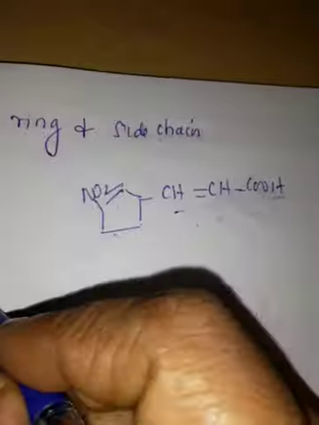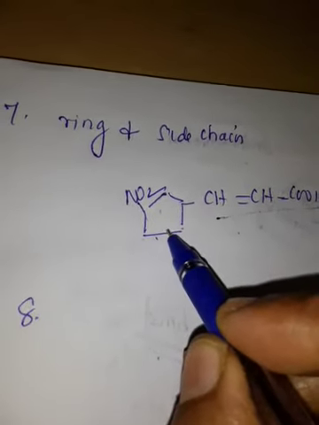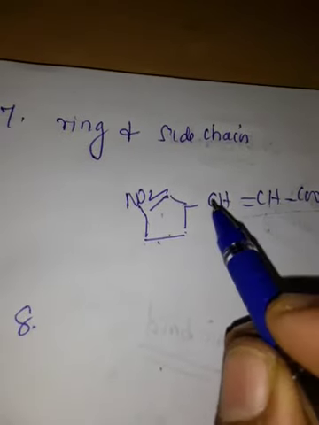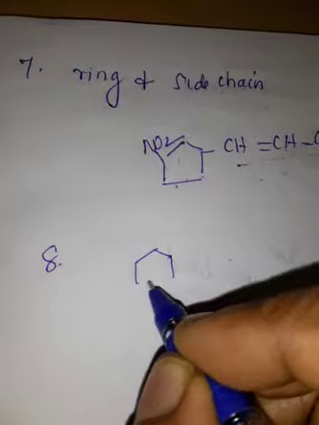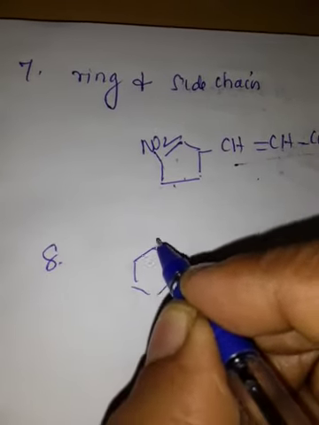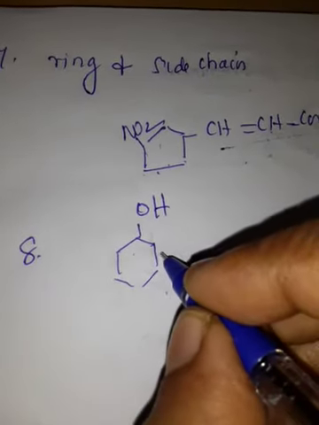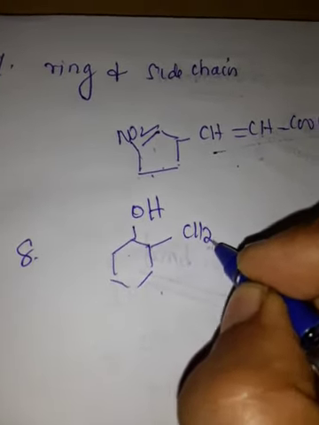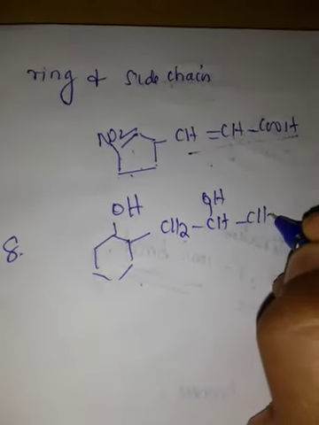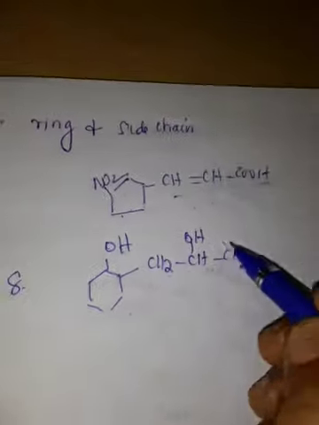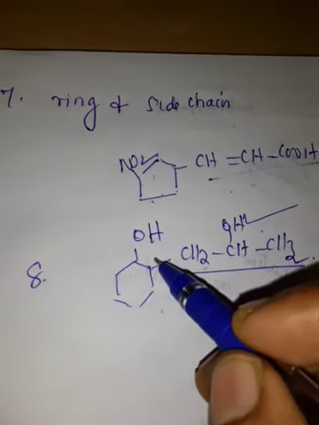Now, next rule, if both alicyclic ring and the side chain contain the same functional group, for example, cyclohexanol, this one, both containing the same, side chain also having OH, ring also containing OH.